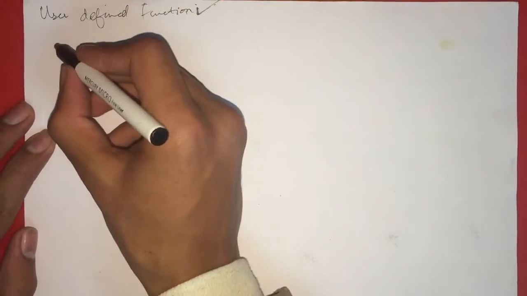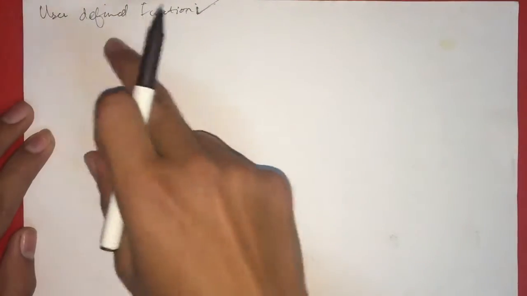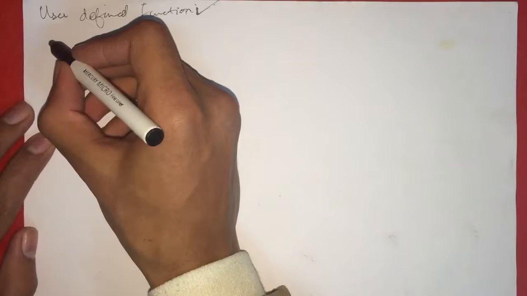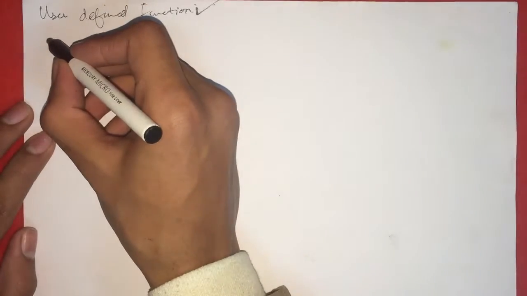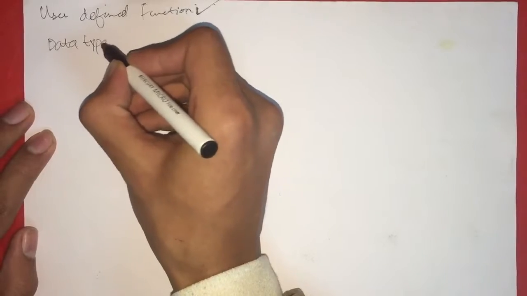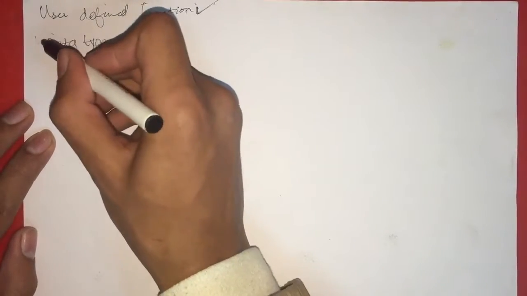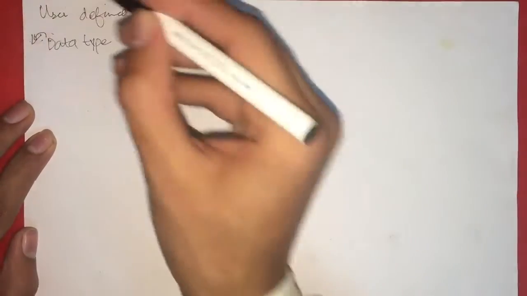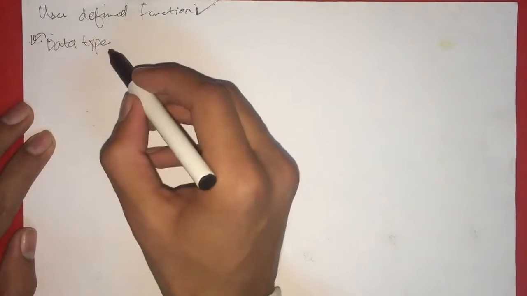Now the syntax of a user-defined function heading. The heading of the function is like this. You first mention the data type, or in mathematical terms the range, the answer this function is going to output. What data type is that answer going to be?